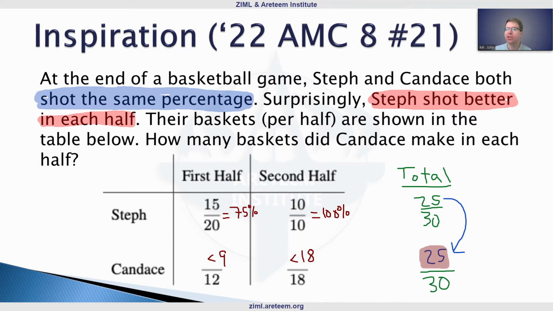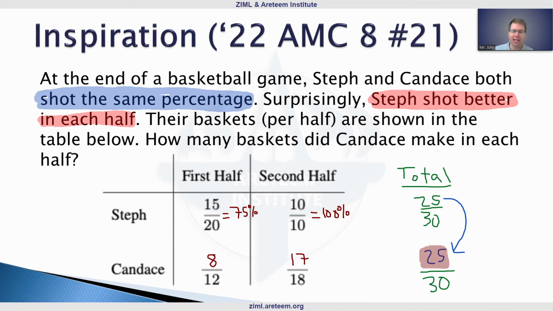So we could just start trying some numbers in this case. So let's erase our less than 18. What if we have a 17 there? Well, if we put 17 there, then 17 plus 8 is 25. Now notice that these are both the largest possible numbers. If we have 16 of 18, then we would need 9 of 12, which is not allowed.